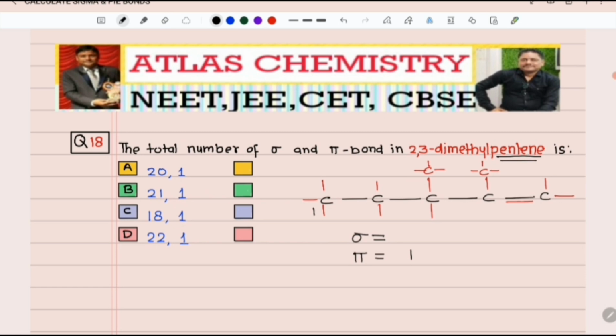So 1, 2, 3, 4, 5, 6, 7, 8, 9, 10, 11, 12, and 3, 15, and 3, 18. Here is 19. Here is 20. So there are 20 sigma bonds and 1 pi bond. So the given option A is the correct answer.